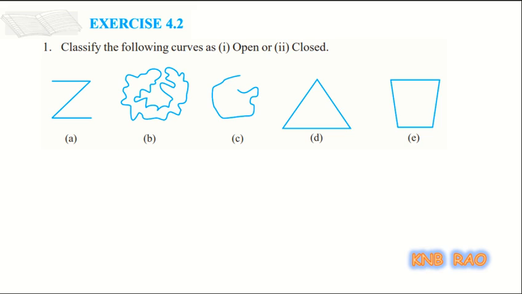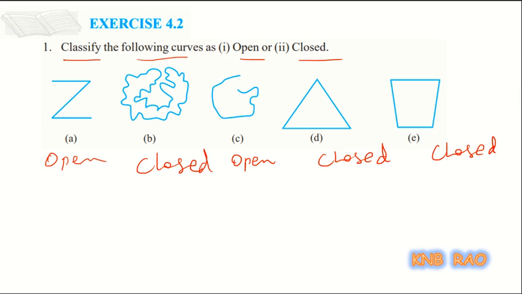So, starting from exercise 4.2, we have already discussed question number 1, wherein we are asked to classify the following curves as open and closed. First one is open, second one is closed, third one is open, fourth one is closed, and fifth one is also closed.